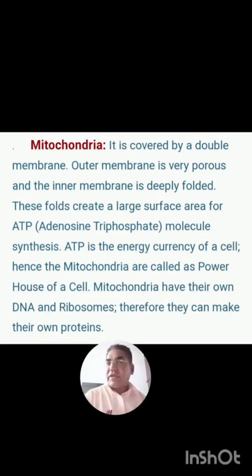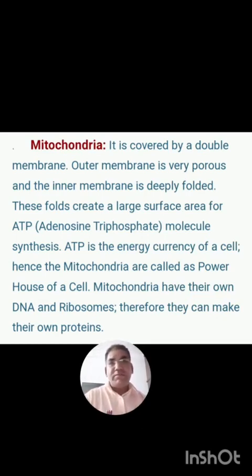These are the site of aerobic respiration and they produce ATP, adenosine triphosphate, during the aerobic respiration. So these are also known as the powerhouse of the cell.